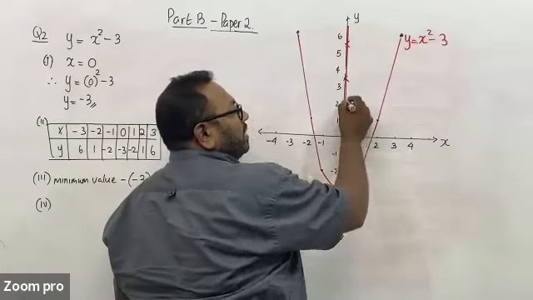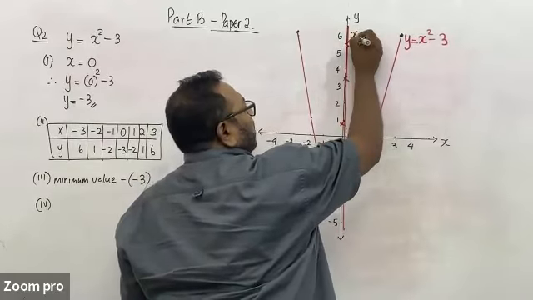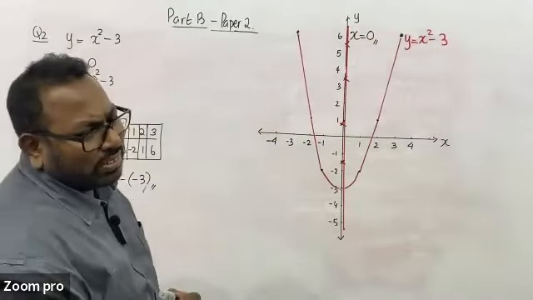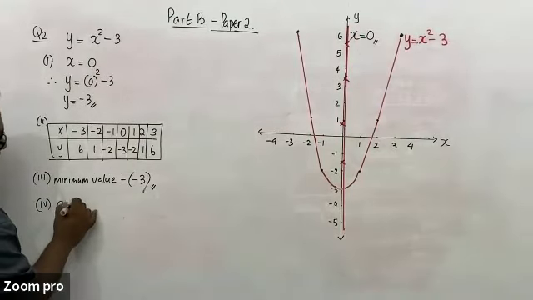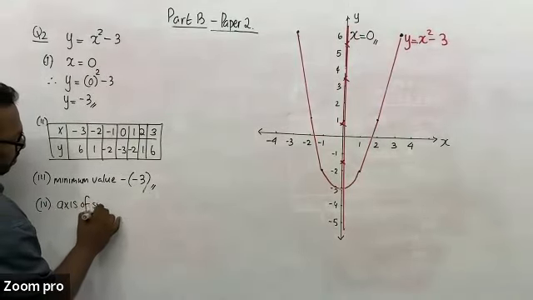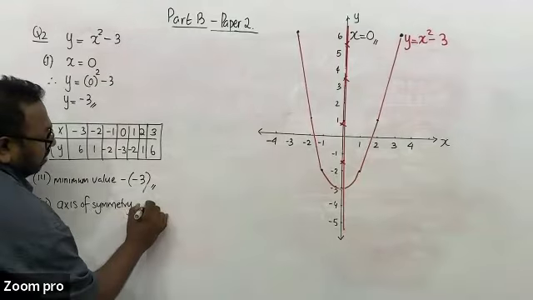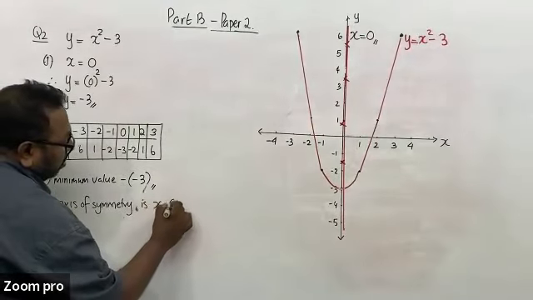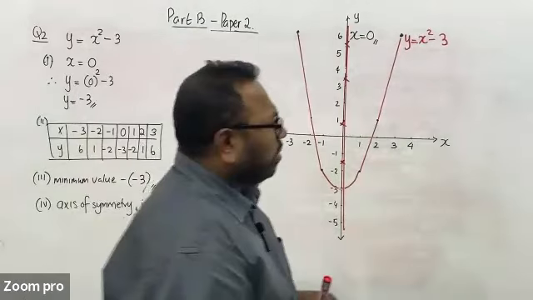Any point on this line is equal to 0 for x. So x is equal to 0 line is your axis of symmetry. So your axis of symmetry here is x is equal to 0. Okay, you should be able to write that.